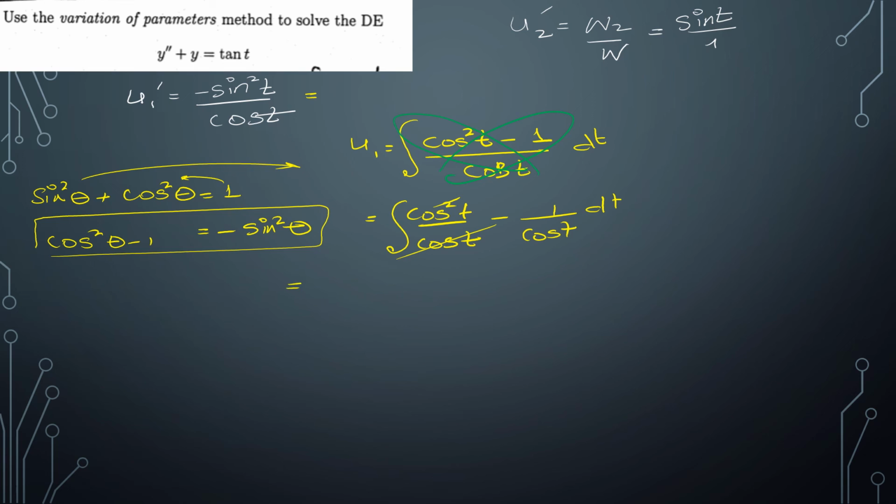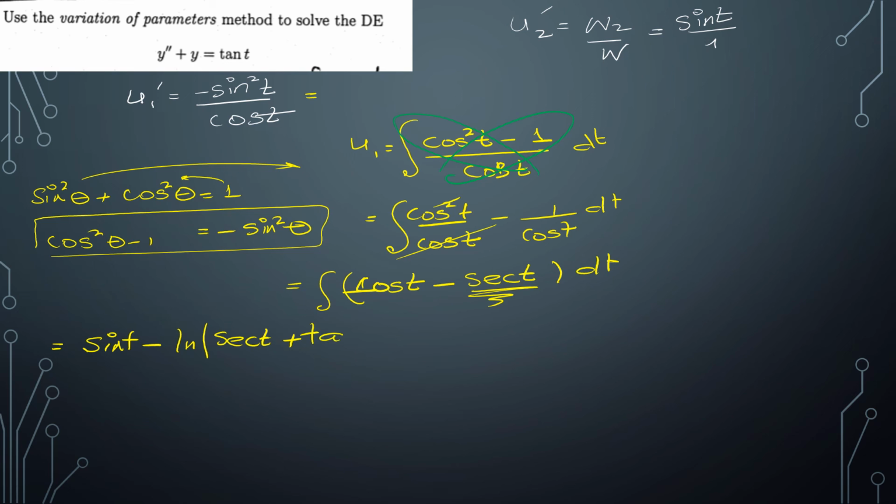So I will get 1 over cosine t, which is cosine t, minus 1 over cosine t, which I can write as secant t, and then dt. Now the antiderivative of cosine is sine t, minus the antiderivative of secant t, which is ln of secant t plus tangent t. So this is my u1.